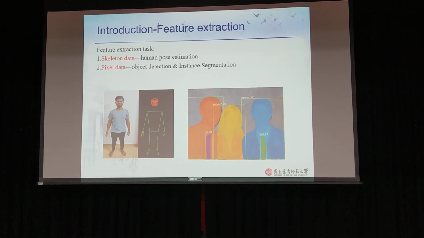And for feature extraction tasks, some papers utilize the human pose estimation algorithm to gather skeleton data, like OpenPose and MediaPipe. And some utilize the object detection algorithm, like Mask R-CNN, to gather pixel data.